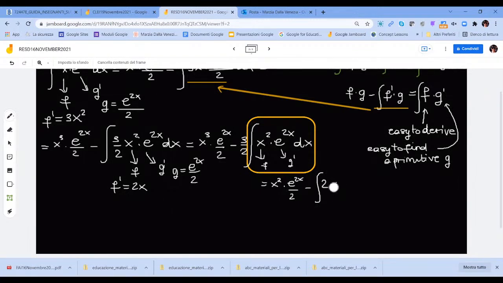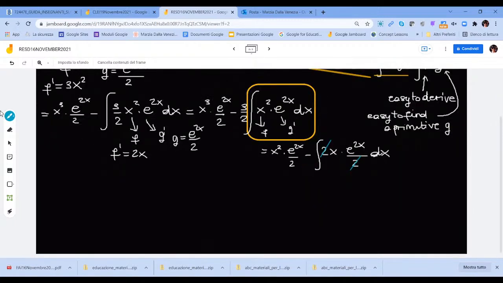F prime is 2x and g is this primitive function, and as you can see it is x. We can simplify these two numbers, and then we have x times e to the 2x.